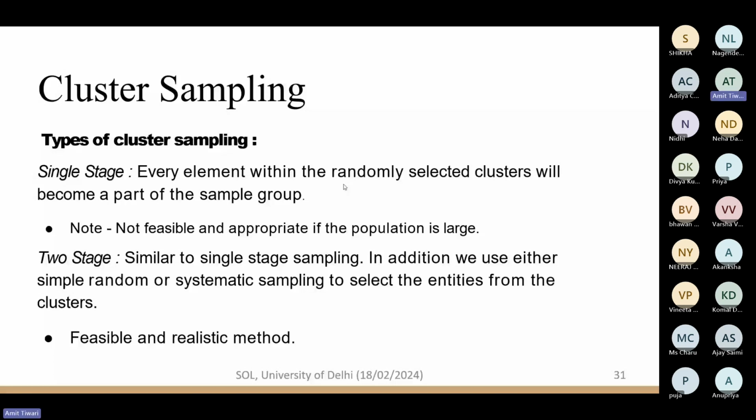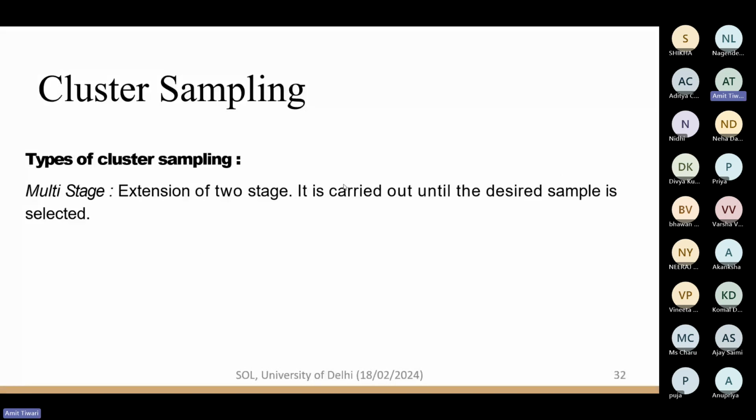cluster sampling. Then there is multi-stage cluster sampling, which is very common. For example, you want to study the colleges of India, or the students of entire India. So the nation is the first thing. In the nation, the first cluster you can form is the states. Suppose you have taken the northeastern cluster, all the 7 states.